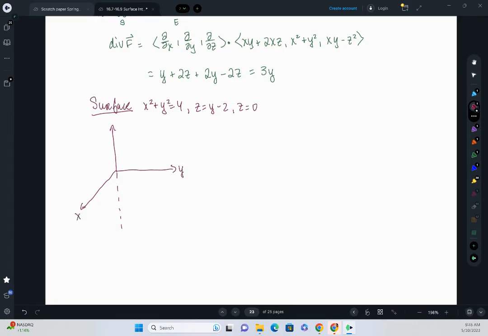And so the z-intercept is at z equals minus 2, and then the y-intercept will be at 2. So I'm going to draw this on here. Okay. And then the cylinder x squared plus y squared is bounded between this plane and the plane z equals 0. So we're all below the xy plane.